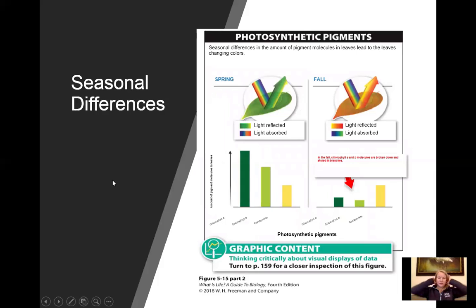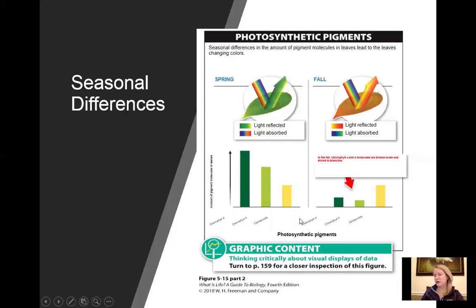So, seasonal differences. Once again, we're back with the broadleaves. The green leaves are reflecting green when they have a lot of chlorophyll A and some chlorophyll B. It's just a little off here; it's not aligned.